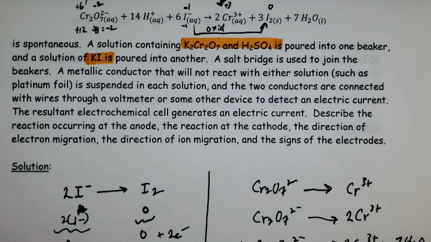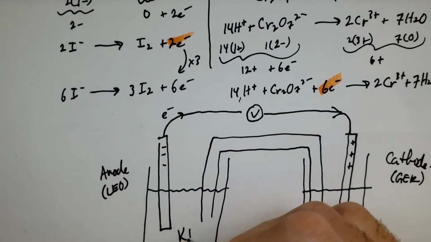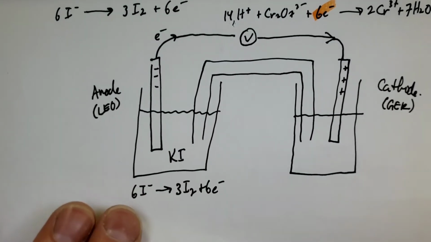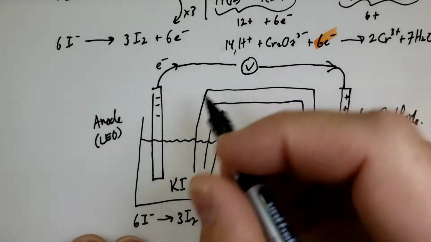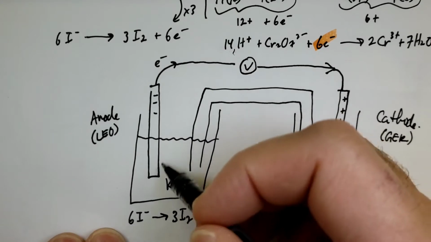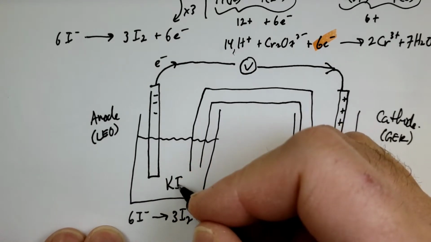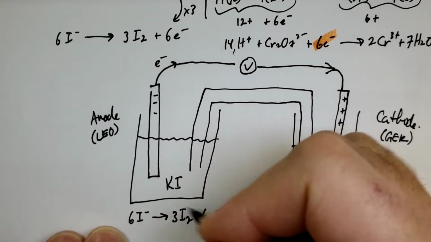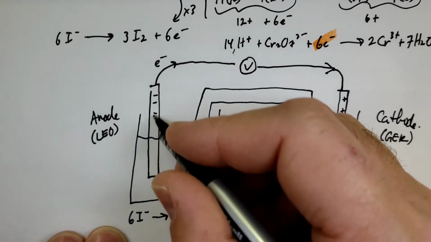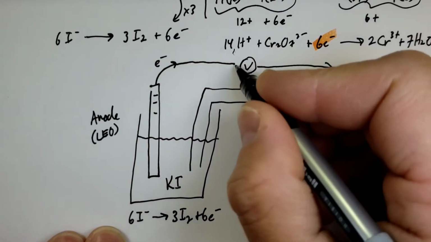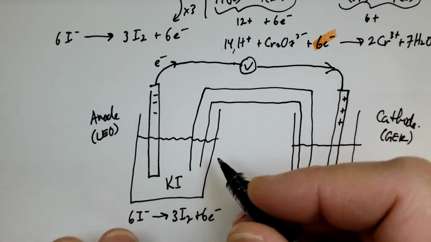So the iodine is coming from the KI, so that must be over on this side. So what's happening here is that the KI in solution, the iodine part is losing electrons. Those electrons are being deposited onto here and then leaving externally.